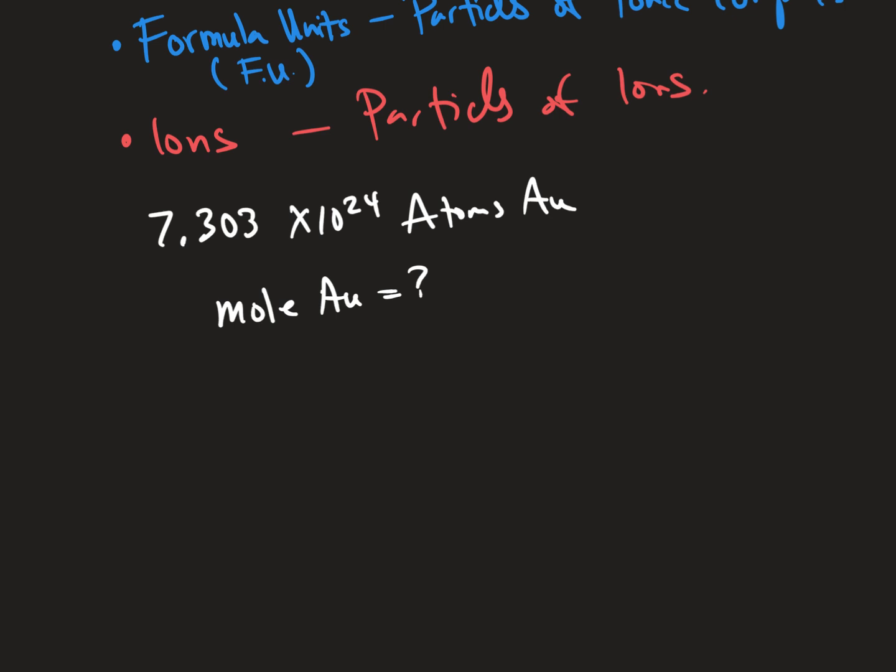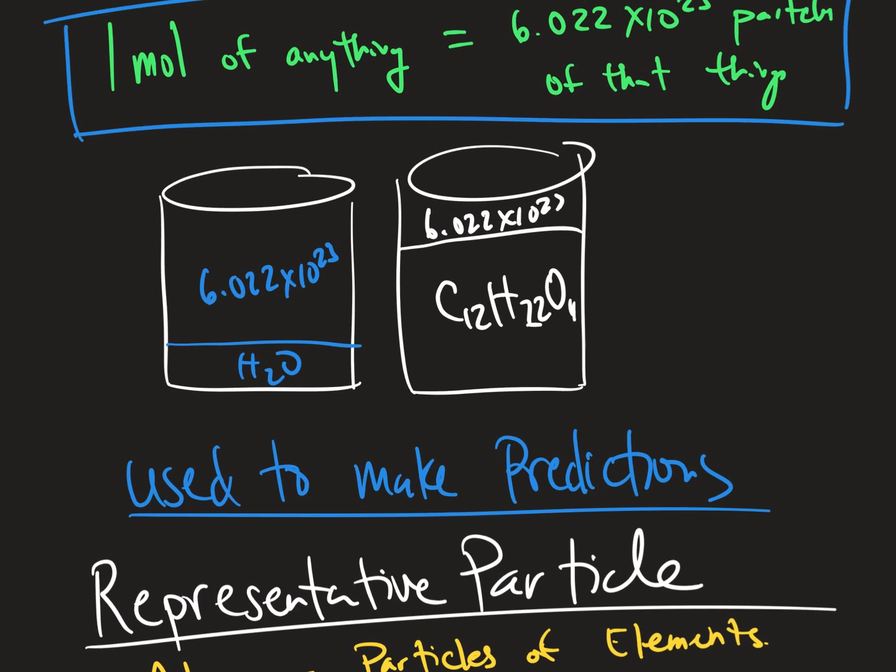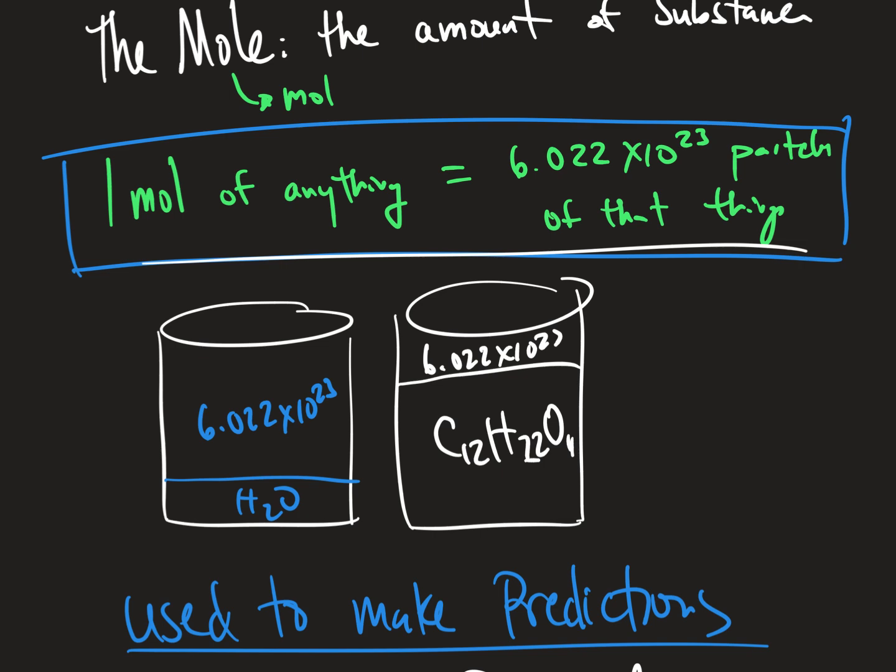Where do we start? After those first two steps, do you remember? Start with what we know. And what do we know? That guy right there. We also know one more thing. Just from today, we know this conversion factor. Yeah?